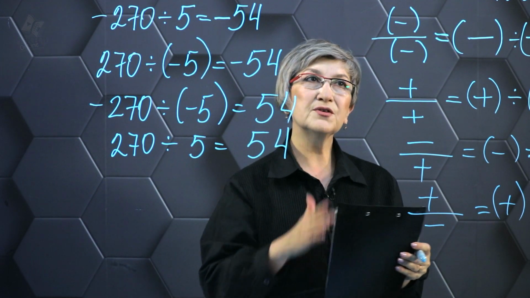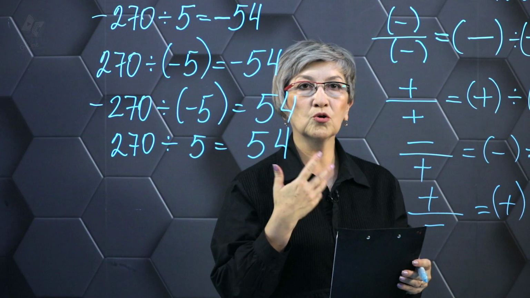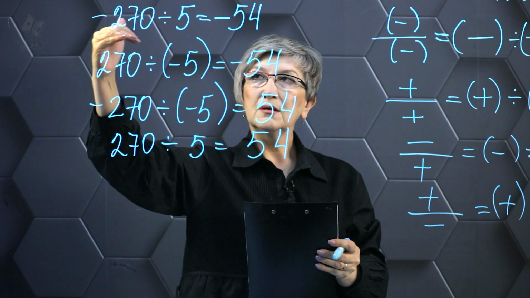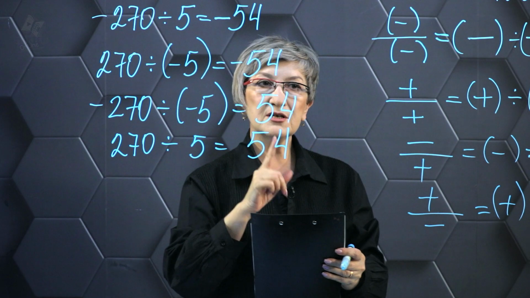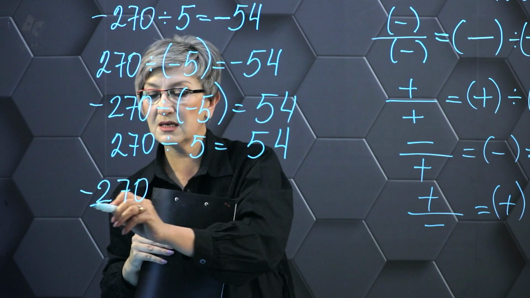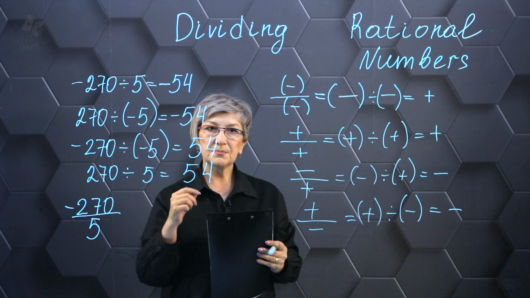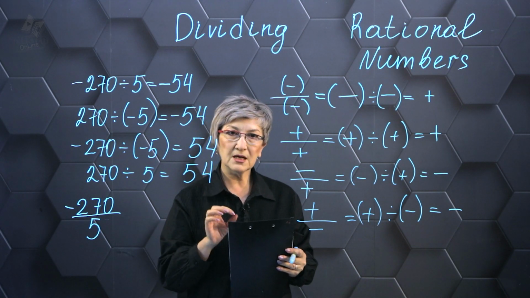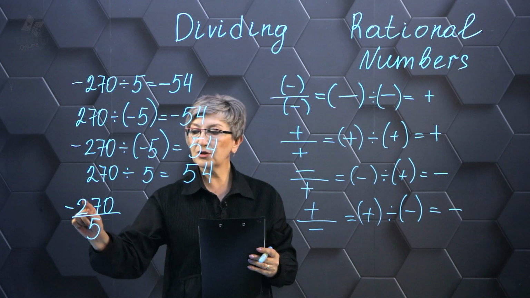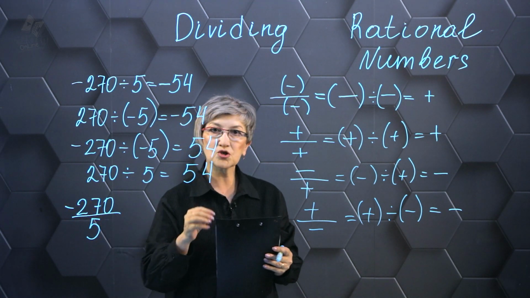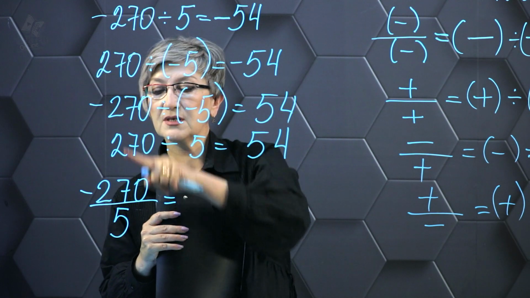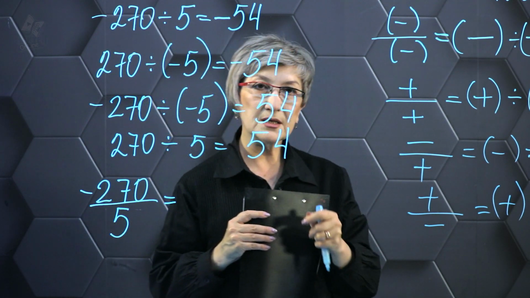I want to draw your attention to writing as a fractional number. And let's write down our first example as a fractional number. The number minus 270 divided by the number 5. I'm writing this example in this form to show you what can happen with this minus sign. In the numerator, I have written the number minus 270, in the denominator, the number 5.